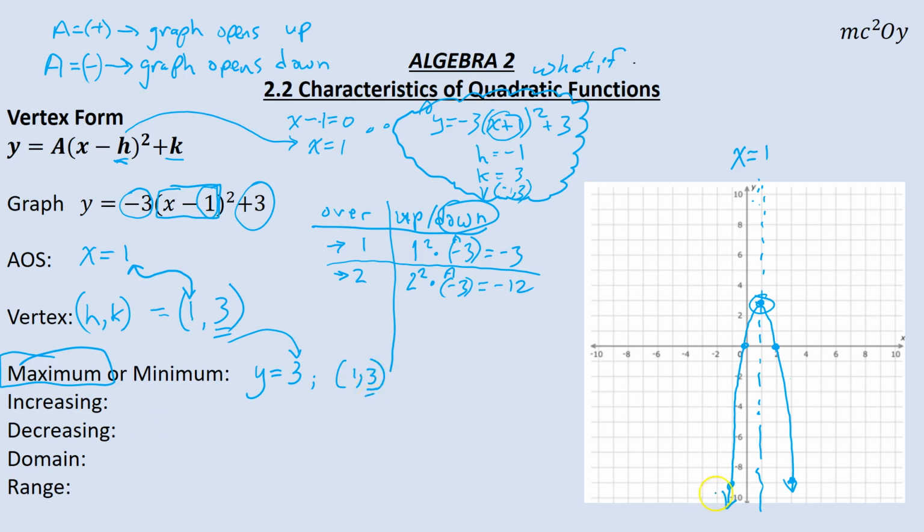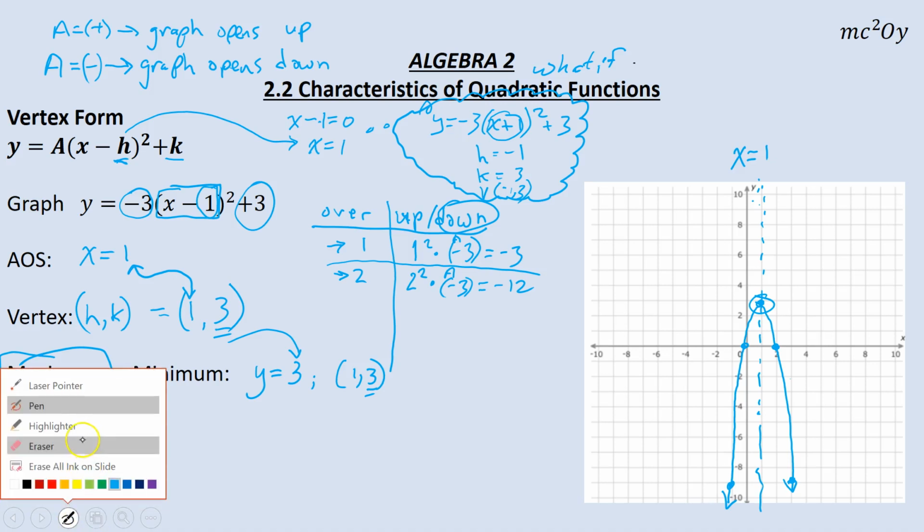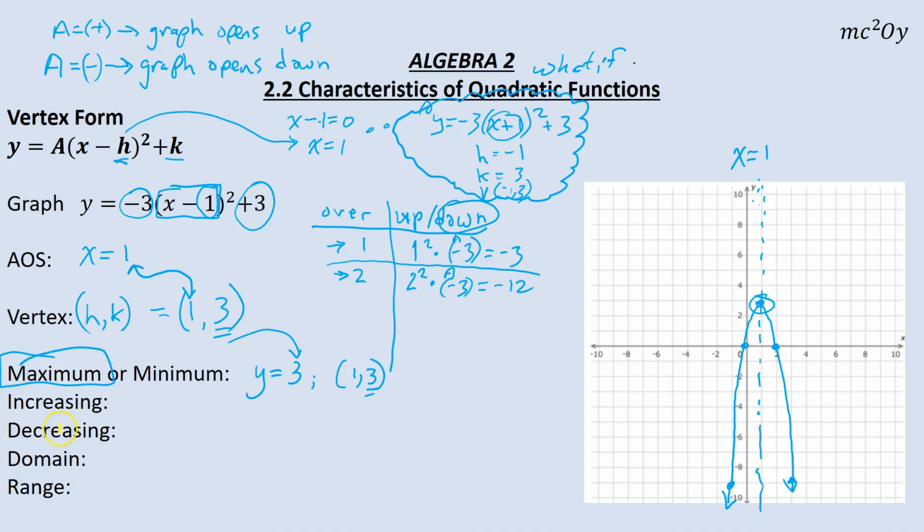Is it increasing or decreasing? Well, looking at our graph, we're going upward to begin with, up until we get to the vertex. So on this side, we are increasing. Okay? And then if we go to the other side, from there we start falling downward. So on this side, we are decreasing.